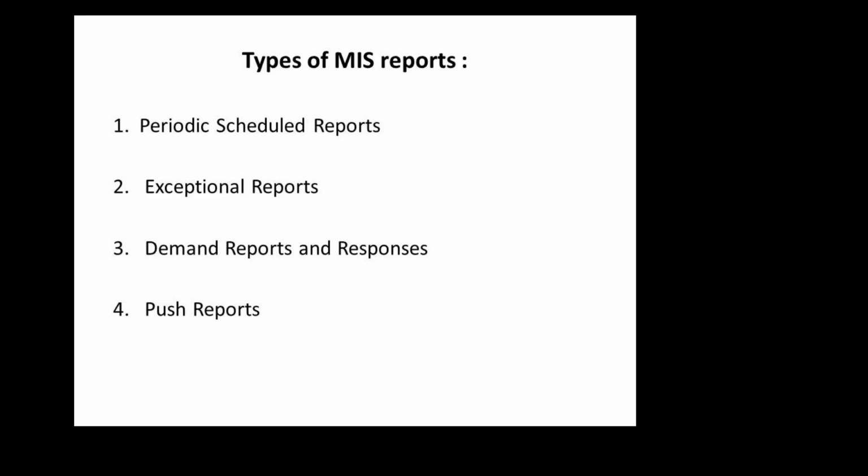Coming to the types of reports generated, MIS generates the first type of report, which is called the periodic scheduled report. Periodic scheduled reports are reports in a pre-specified format, and these reports are used for providing information to managers on a regular basis.